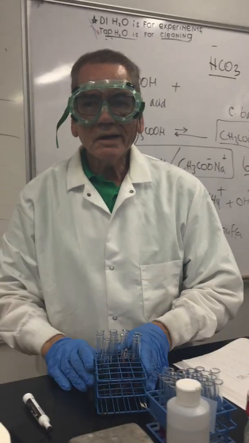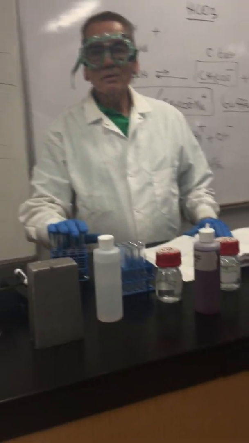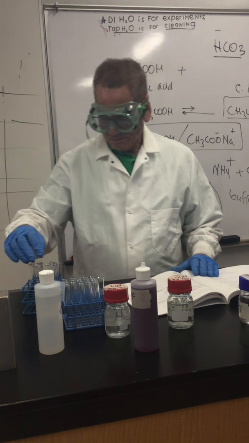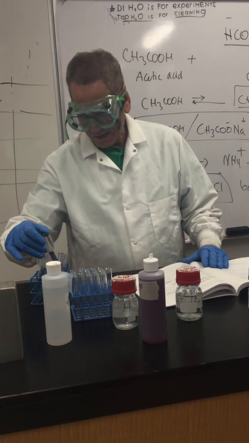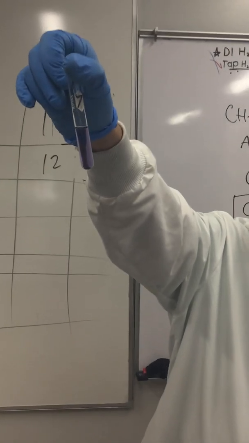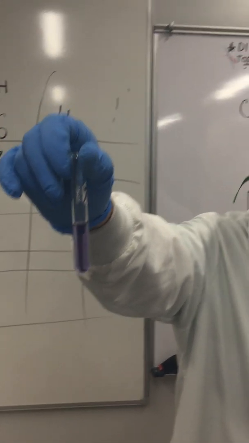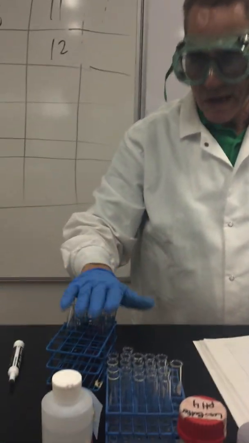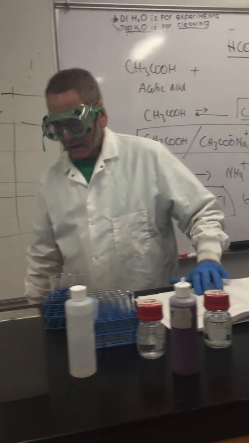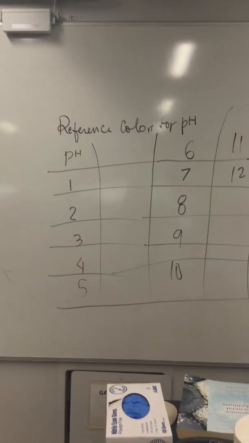So anytime I use the cabbage, this color will let me know what pH we have. If my solution gives me this color, which is pH 7, I say my solution has a pH of 7, it's neutral. That's what we use the cabbage for, as a reference color for pH using the cabbage solution.